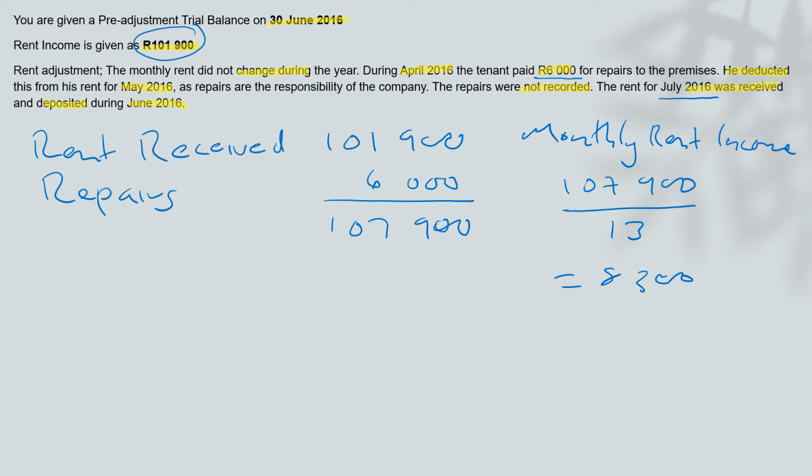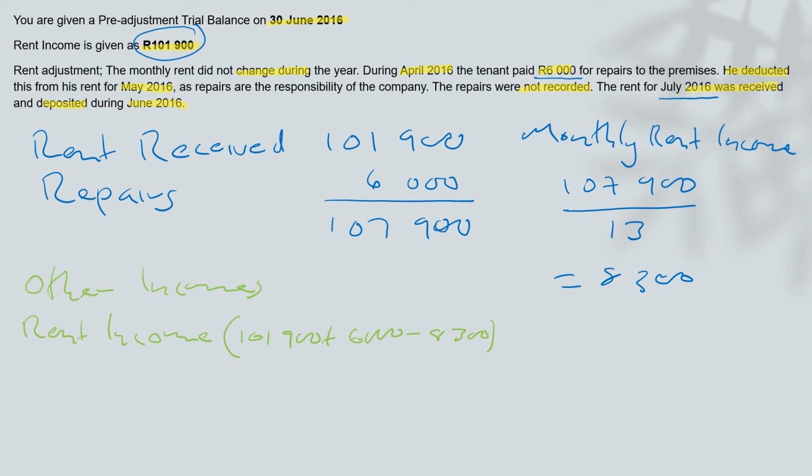So if you go to other incomes, the rent income, you can write it as 101,900 plus 6,000, then minus 8,300, which is the rent received in advance.